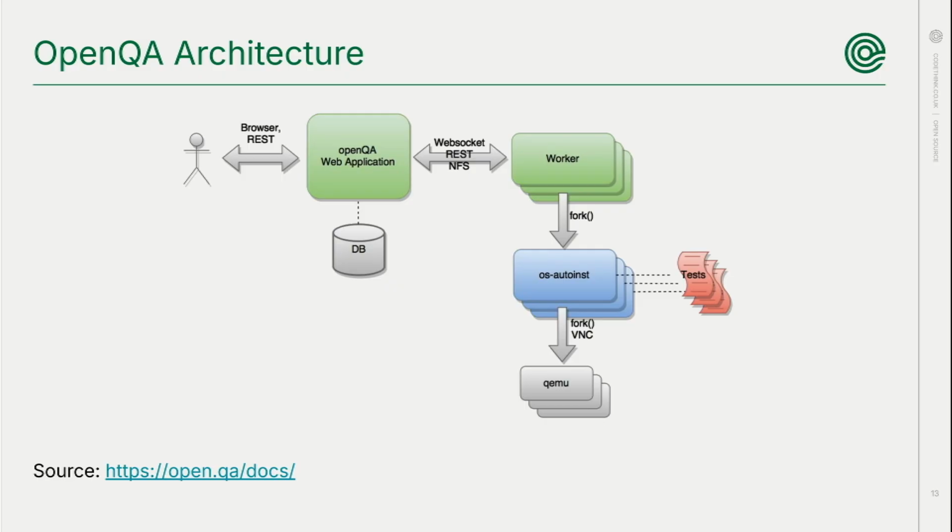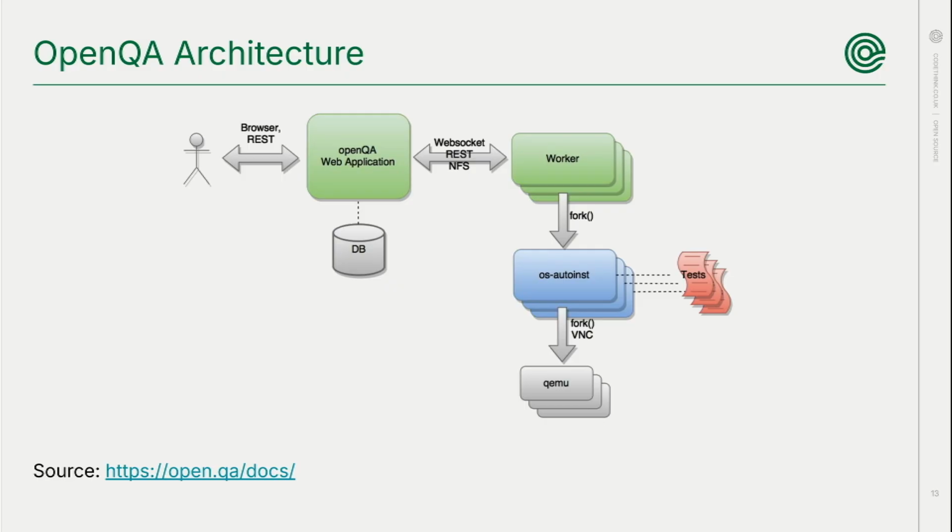You've got something you want to test. Then openQA itself will manage all of the workers. The worker is like a machine that you've added to the openQA pool. openQA itself will find one of those workers to run the tests on. It'll go off and run the tests, and it'll bring them all back to the web UI.